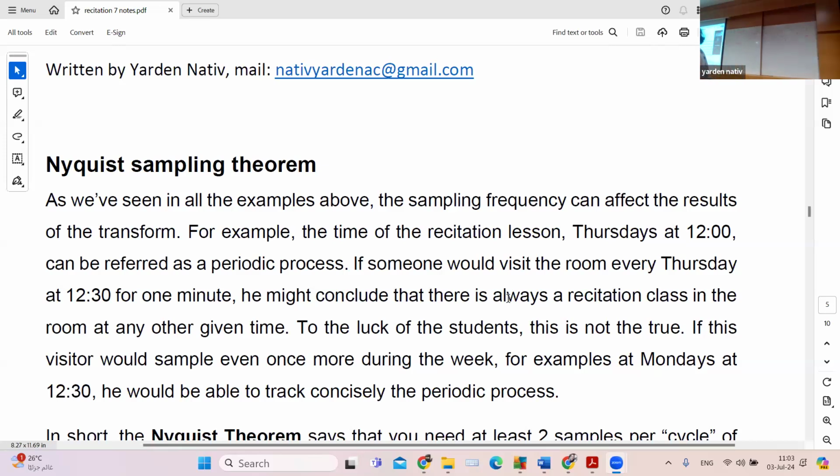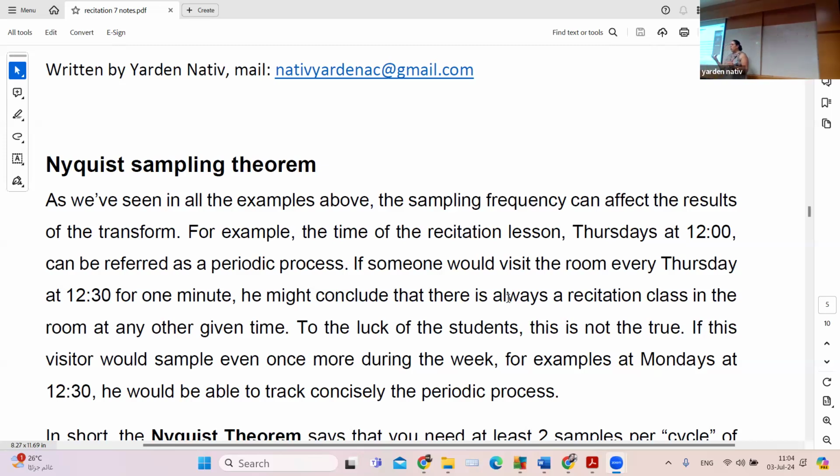So we understand that if he wants to see the cycle of the classes in SDA, he needs to come here at least 2 times a week, right? Since we have it once every week, he needs to come 2 times a week. So this is the basic idea of the Nyquist frequency.